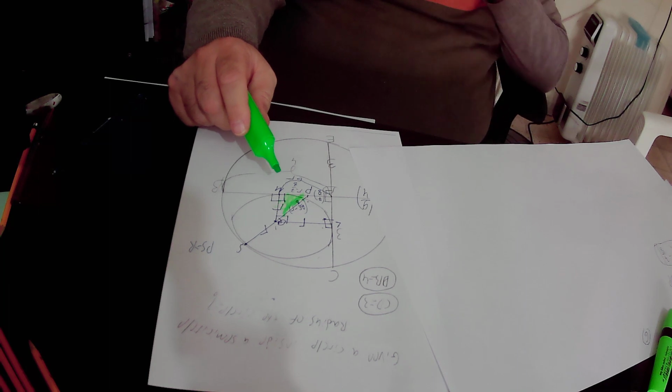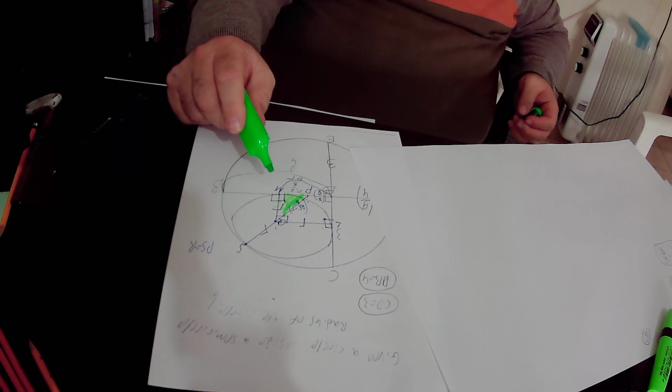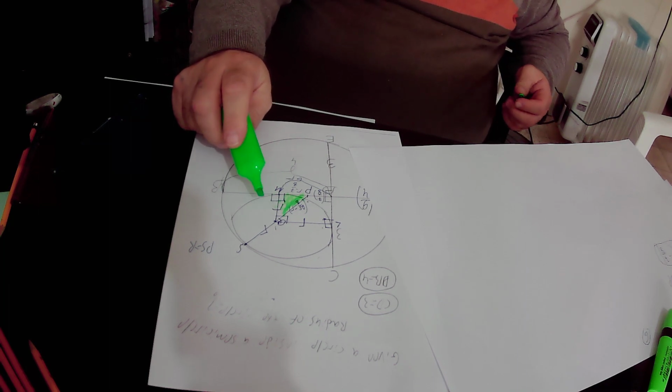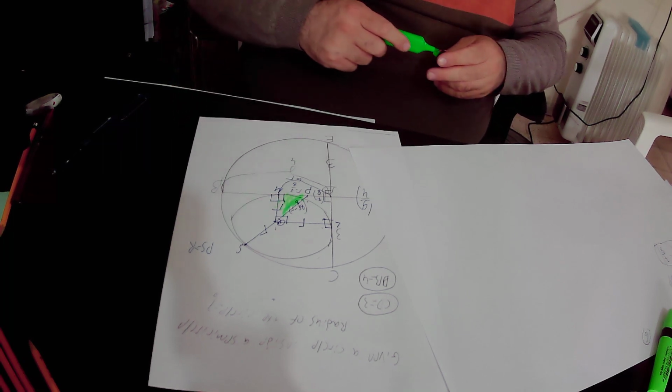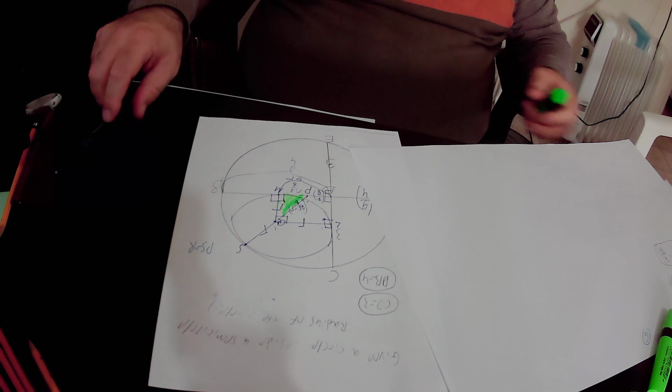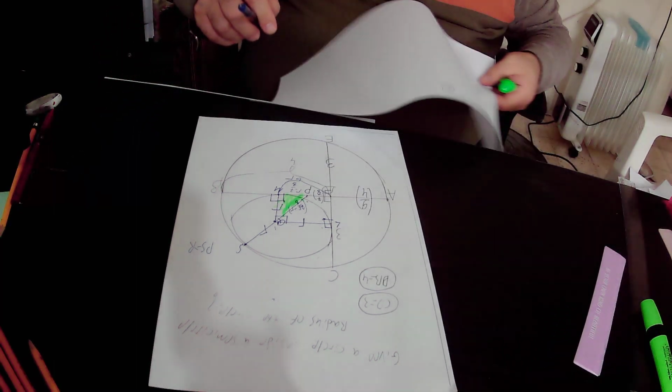That is the thing that we want to find out in this question, the radius of the small circle, that is equal to small r.